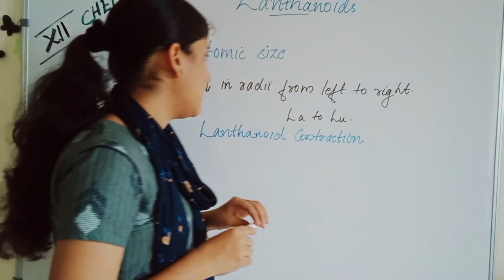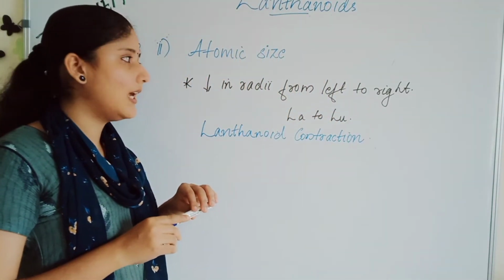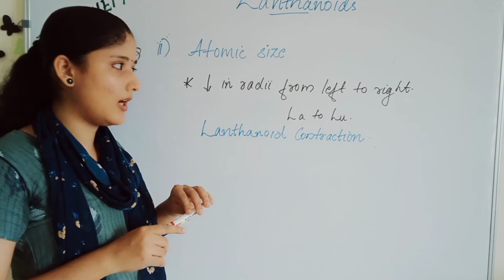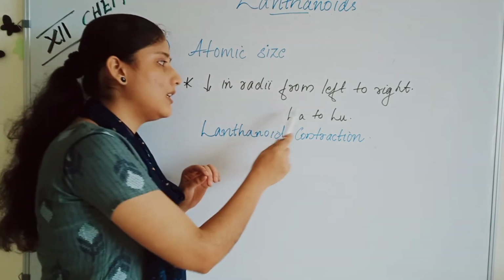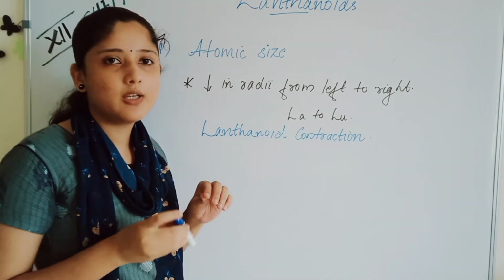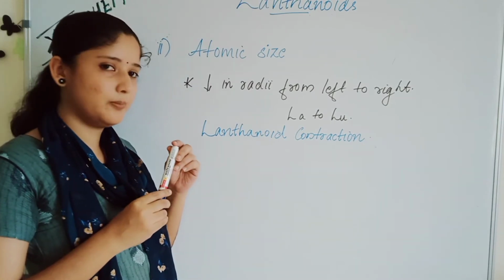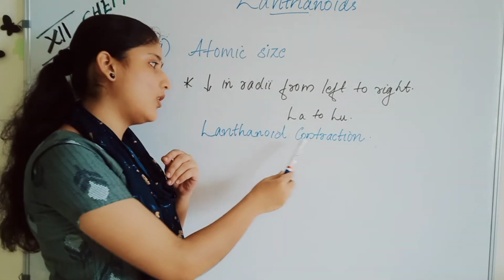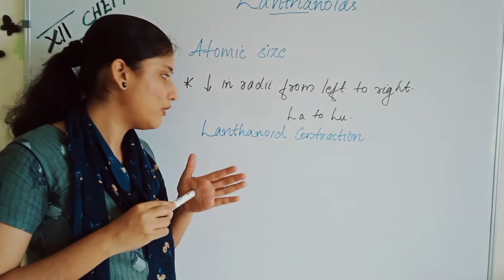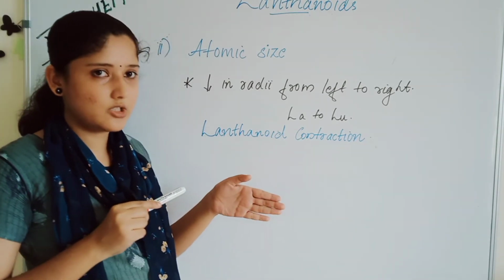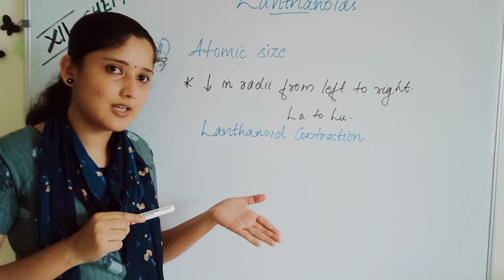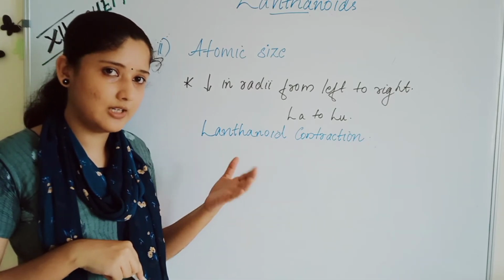The atomic radii decreases from left to right in a period. That is, from lanthanum to lutetium, the atomic radii decreases. Why so? We have studied a term before, that is lanthanoid contraction. Due to the phenomenon called lanthanoid contraction, they show a decrease in size as the atomic number increases.